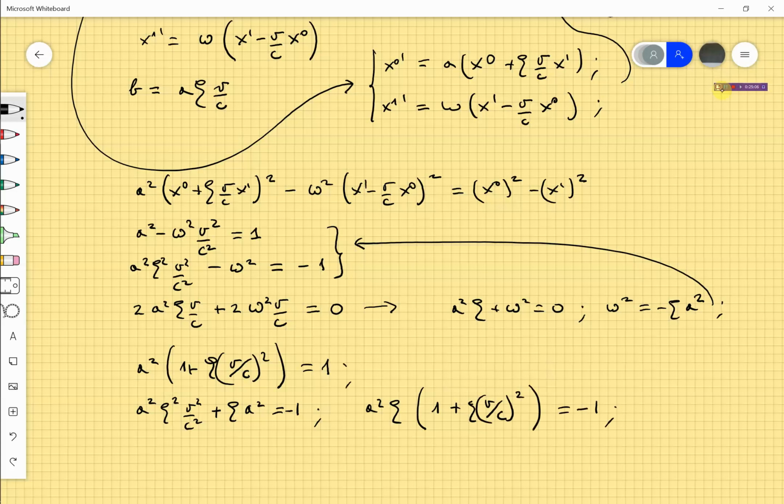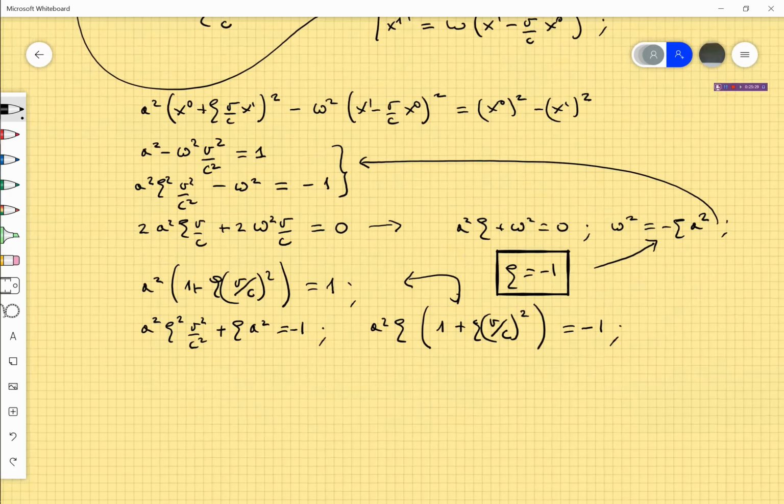You compare these two equations and you find that this is compatible only if Z is equal to minus 1, which is good, the fact that it is minus instead of plus, because otherwise either omega or A would be imaginary and this would be a big problem.